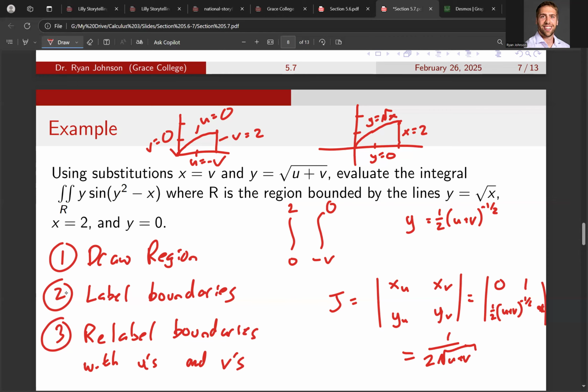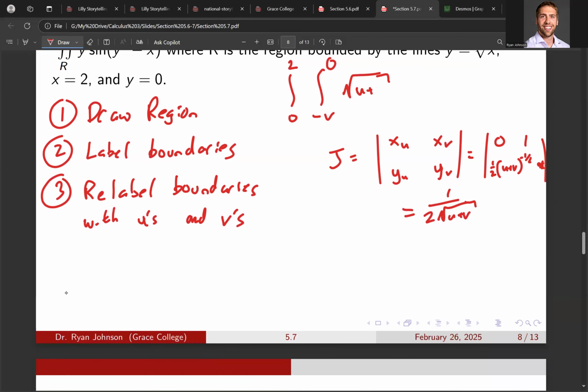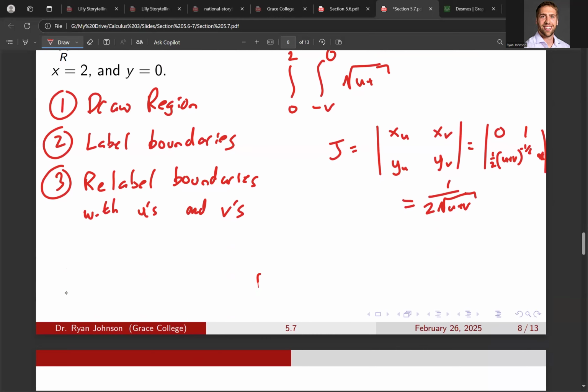And so when we substitute, y is the square root of u plus v. So I'm substituting for y is square root of u plus v, right? And then sine of, I'm going to do this lower down. I need more space. I'll do it right here and then I'll move to the next line. 0 to 2, negative v to 0.